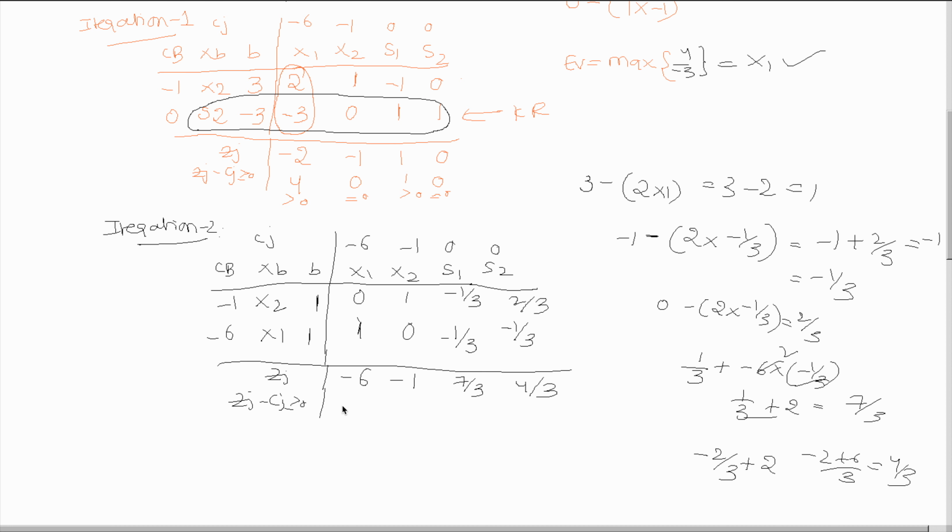Zj minus Cj: minus 6 of minus 6 is 0, minus 1 of minus 1 is 0, 7 by 3, 4 by 3. We also find Cj minus Zj less than or equal to 0: 0, 0, minus 7 by 3, minus 4 by 3. So here all Zj minus Cj are greater than or equal to 0, and all the variables are positive.